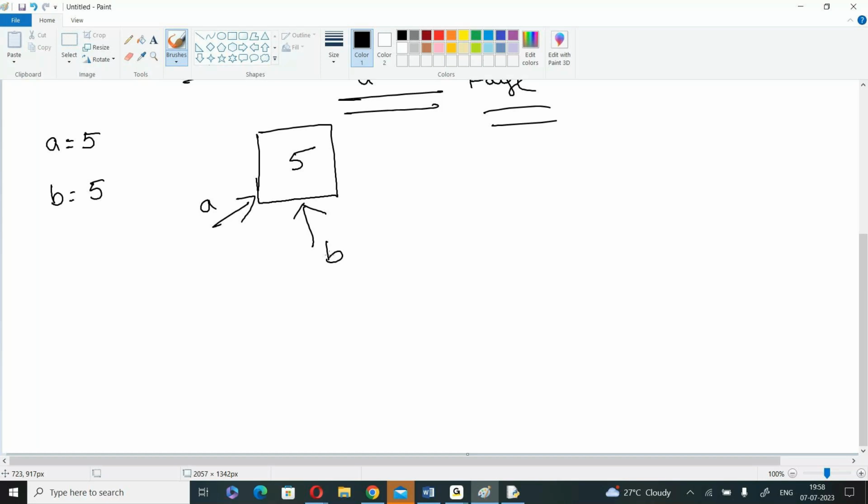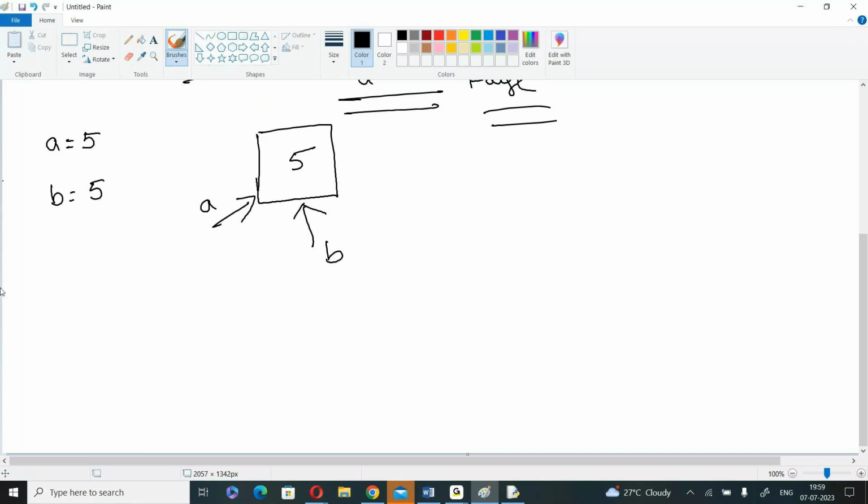To save space, yes or no? This is in Python only. In the remaining programming languages, even with the same value, there are different locations. But what is the advantage of Python? For the same value, there is no need to use multiple locations.